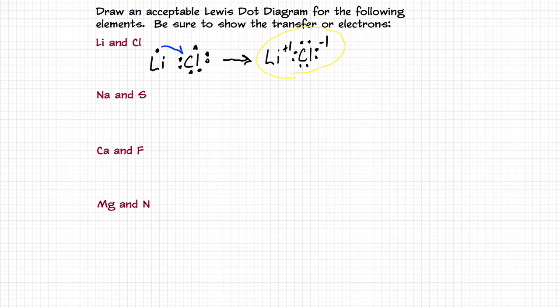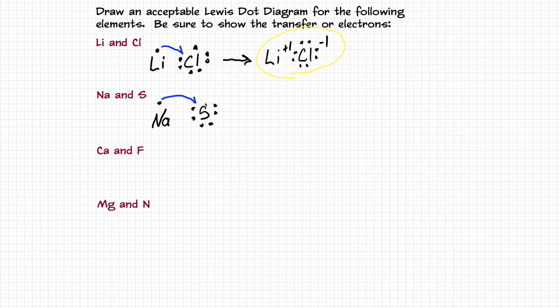For our next one, we've got sodium and sulfur, and the Lewis dot for sodium with one valence electron, something like this, and sulfur has got a total of 6. And now we've got a problem, because if we transfer the electron from sodium to sulfur, we can do that very easily, but the sulfur needs another electron.